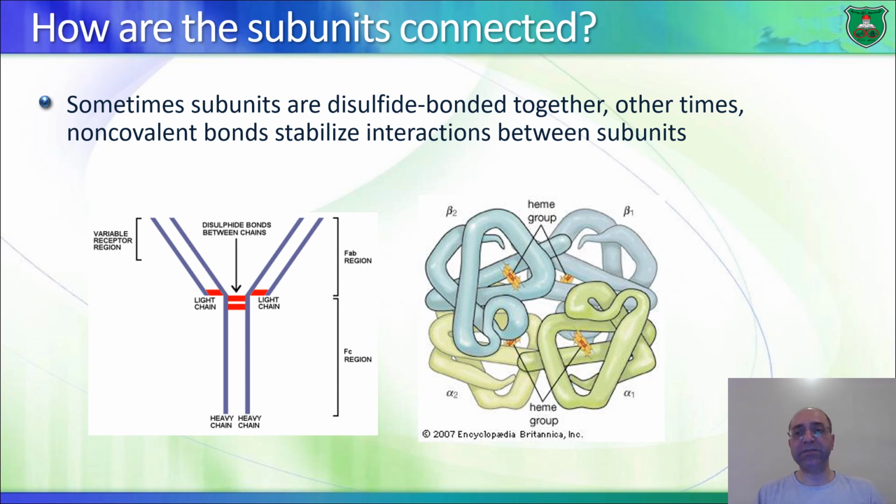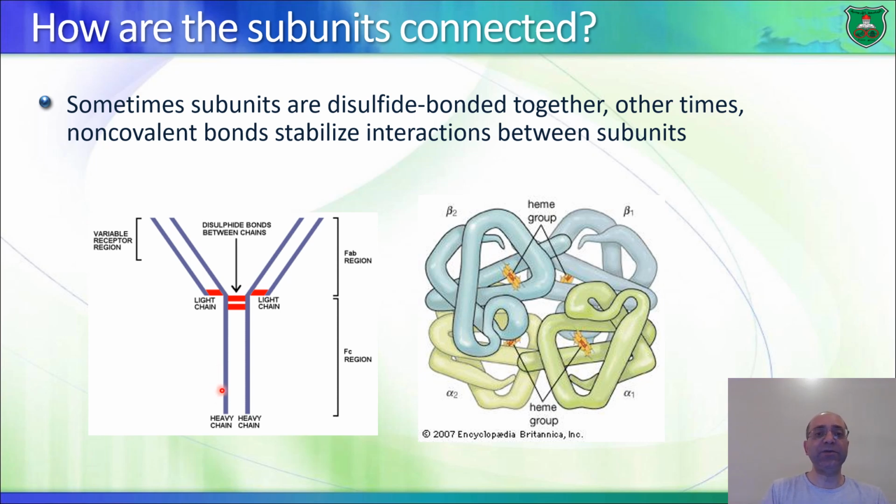Now, how are these subunits connected to each other? Sometimes they are connected via disulfide bonds, like immunoglobulins. I try to give you similar examples in different lectures, so I talked about antibodies before and I'm talking about them here as well.